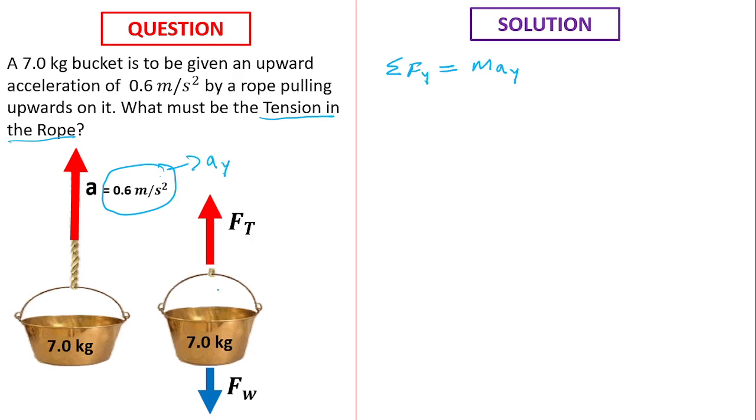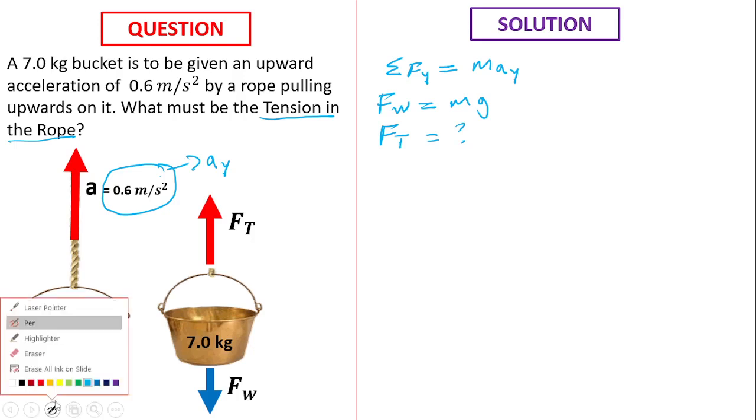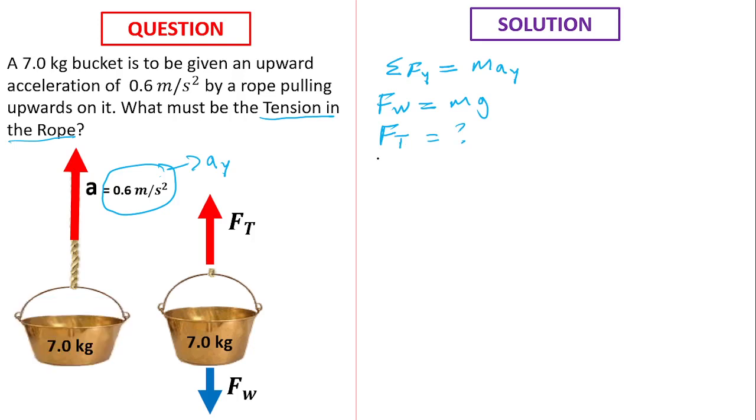What other forces have we observed? We have also observed the weight which is trying to oppose, and this weight is mg. The other force, which is the force of interest, is the tension force, which is simply equal to, we don't know.